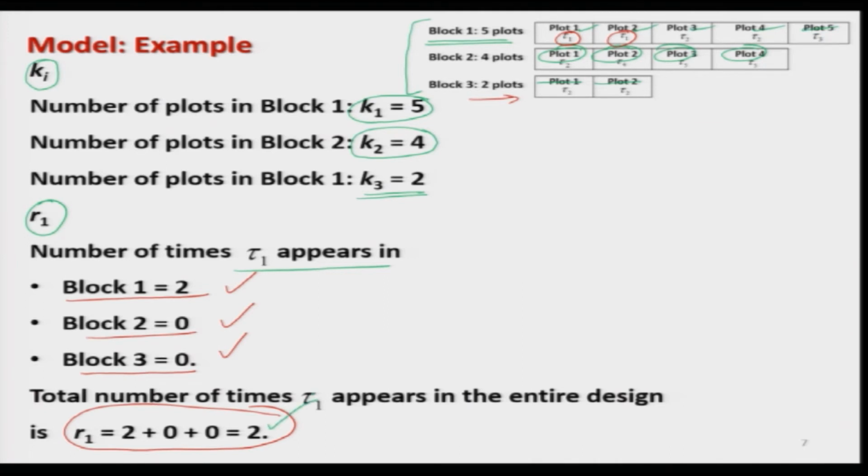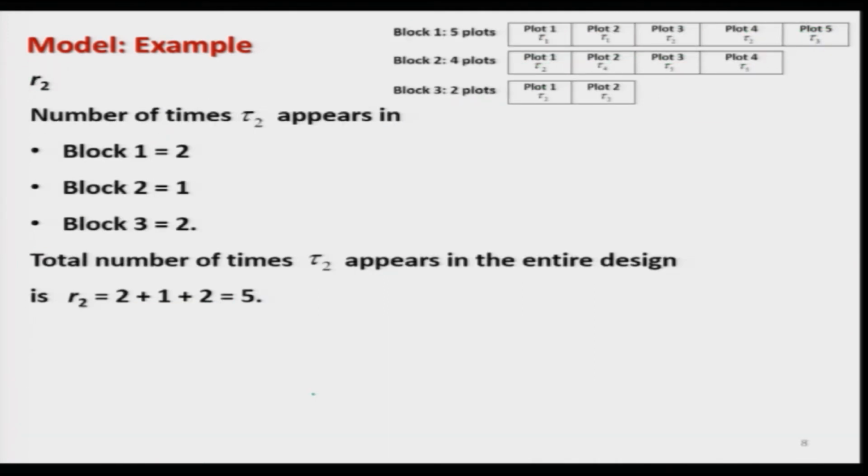Okay. And now, similarly we try to find out the value of R2, R3, R4 and R5. So, you can see the total number of times tau 2 appears in block number 1. You can see this is here and here, so I can write down 2. The total number of times treatment number 2 appears in block number 2, you can see that this is only here, so in block 2 this is equal to 1.